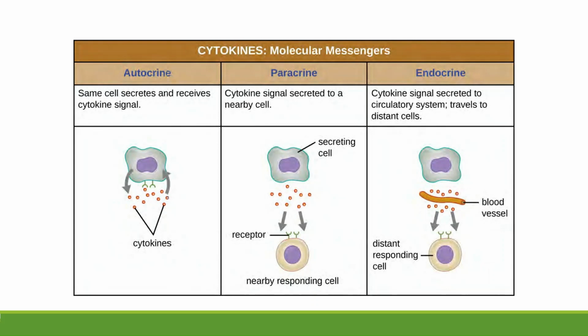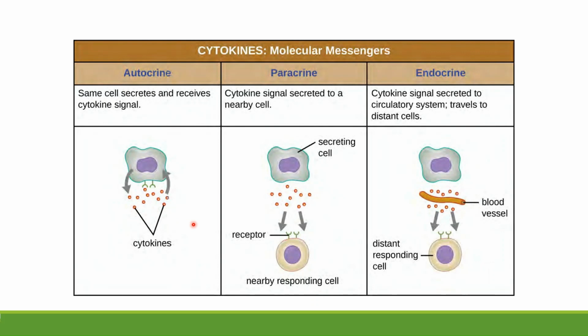Auto means self. We've learned that in metabolism when we talk about autotrophs. So autocrine signaling is where the same cell that secretes the cytokines also has the cytokines interact with its receptors, and it is received at that exact same cell and affects its behavior.